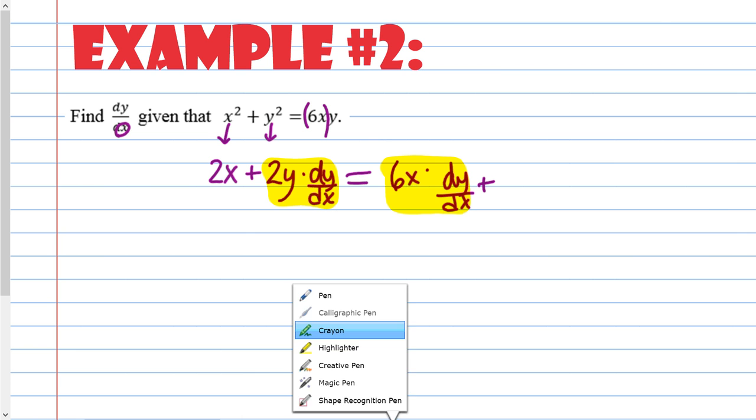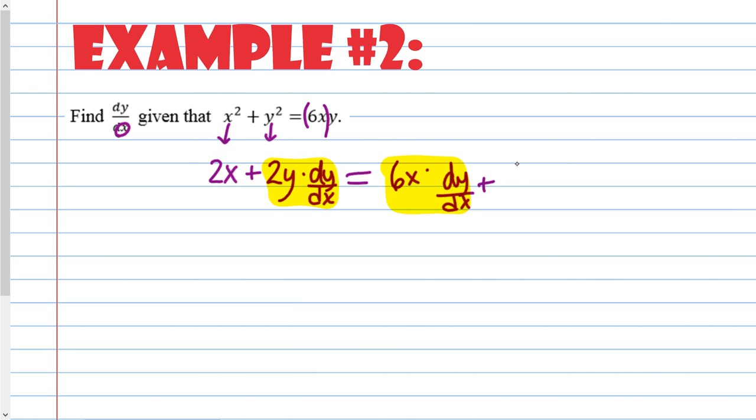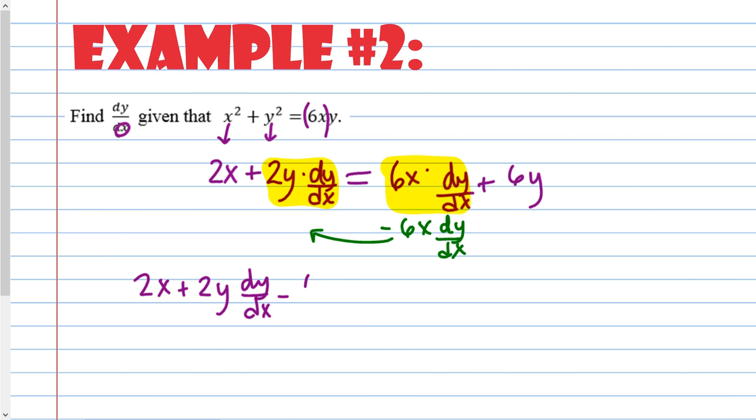So what I want to do is move this over to the other side by subtracting, because it's positive. So now I'll have 2y dy dx minus 6x dy dx equals 6y.